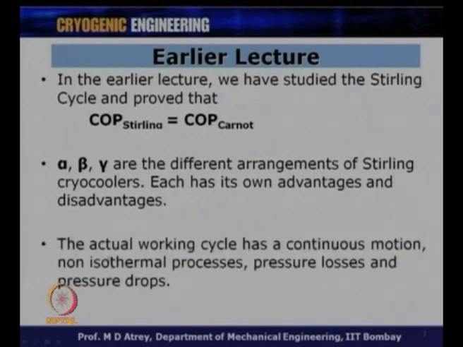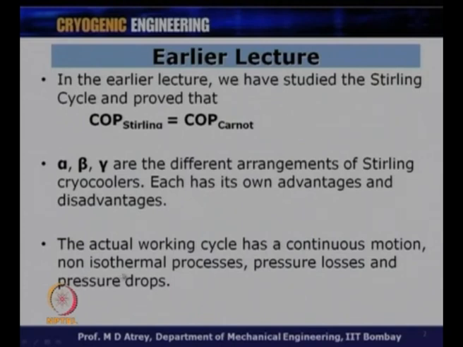We also found that the actual working cycle has a continuous motion of piston or displacer, while the ideal Stirling cycle focuses on the discontinuous motion of piston and displacer. In the actual case, it is not easy to give the discontinuous motion, and therefore we will have a continuous motion of piston and displacer.